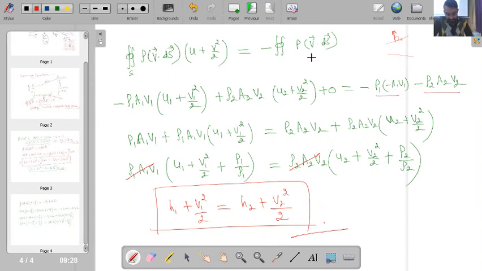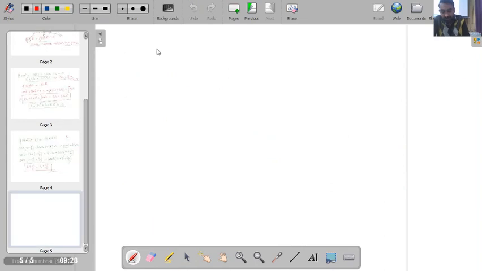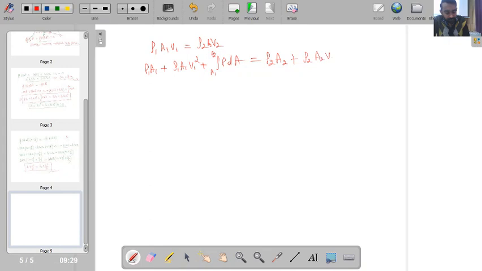Okay, so I have got these three equations. Let me write these three equations. First is rho 1 A1 V1 equal to rho 2 A2 V2. Second is P1 A1 plus rho 1 A1 V1 square plus integral A1 to A2 PdA equal to P2 A2 plus rho 2 A2 V2 square.